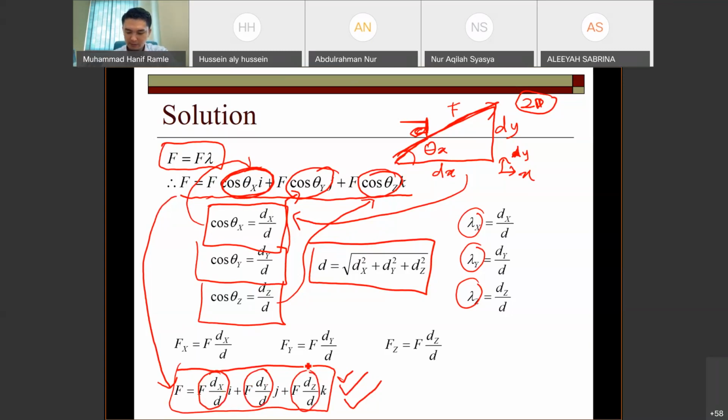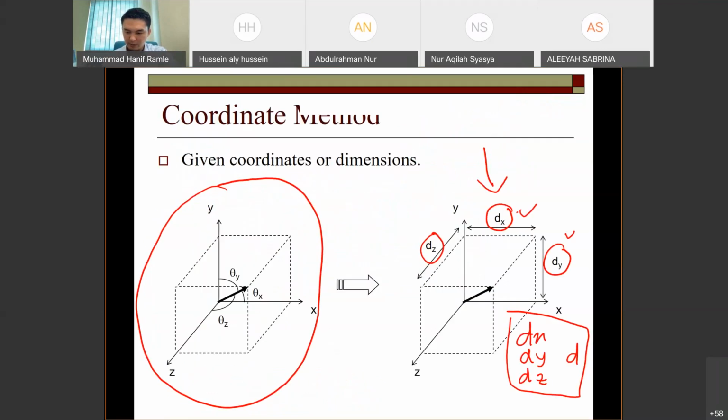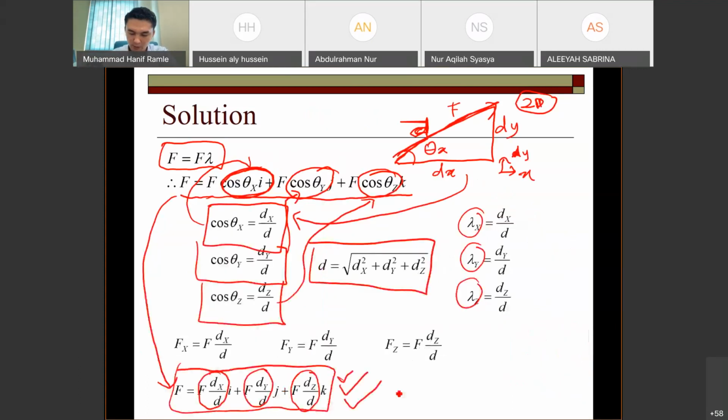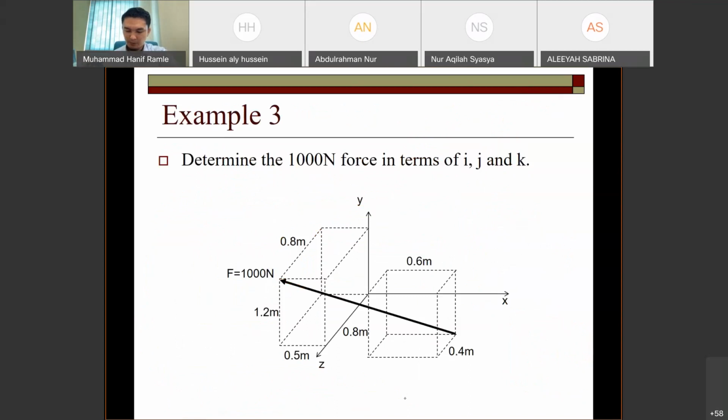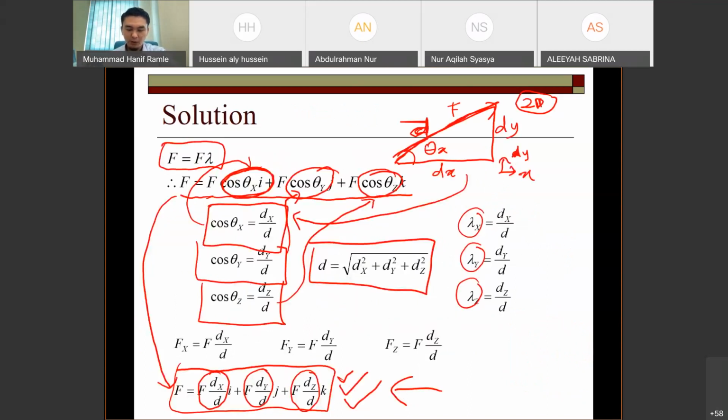All right, let me recap. You have these values dx, dy, dz, and then you have to find d. Substitute the values into this equation, and you will get the force in terms of i, j, k form.